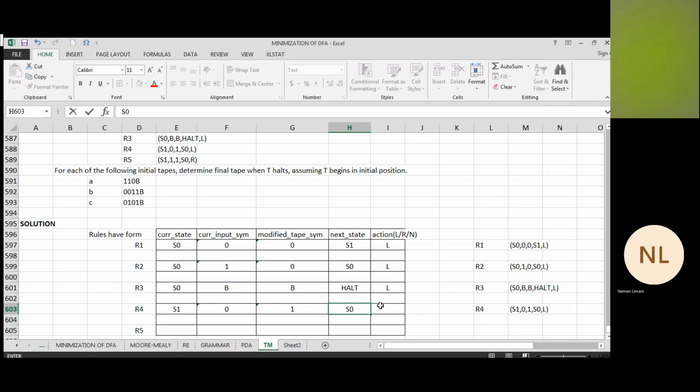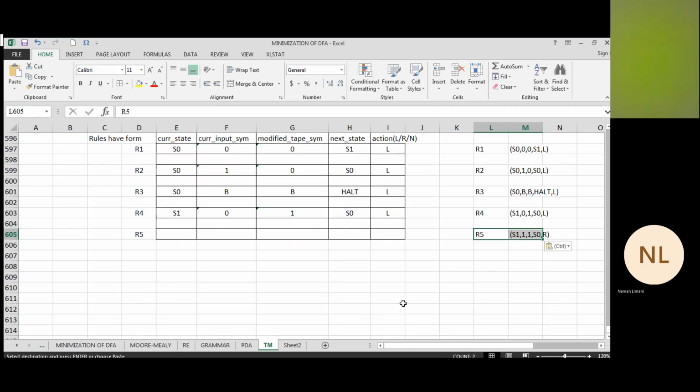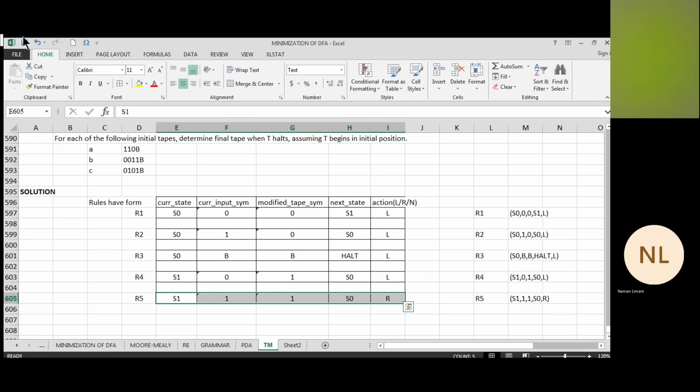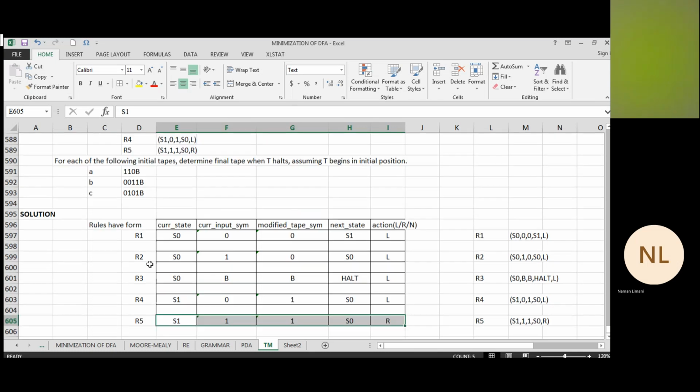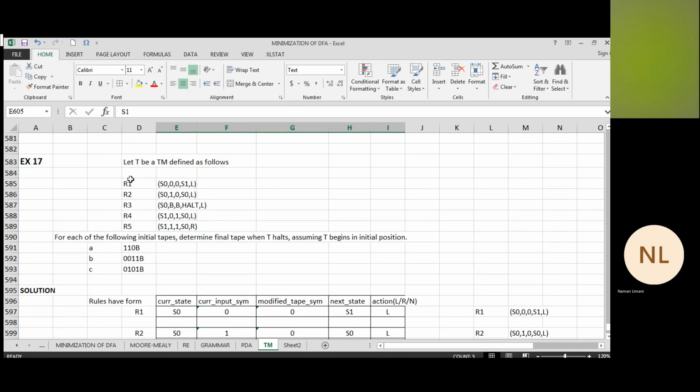Next state is S0. Action taken is move to left by 1 cell. And finally, rule 5 says that in S1, 1 is processed, 1 remains 1, it switches the state to S0, moves to R by 1 cell. So this is how you infer from the given rules.